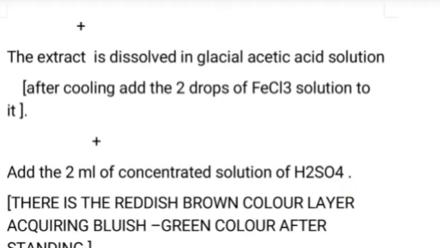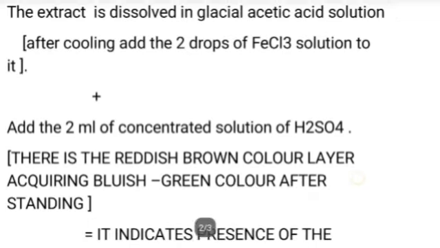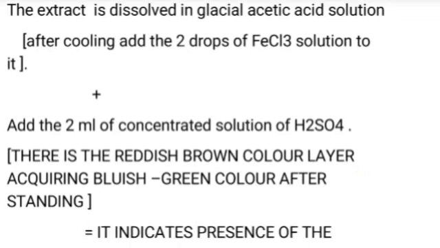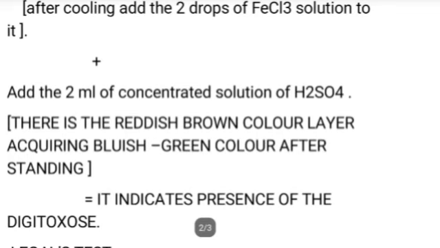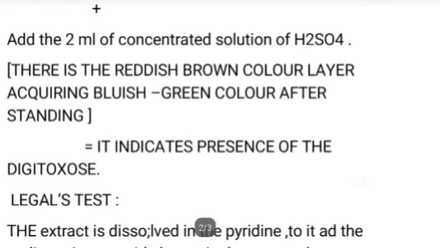Now add the FeCl3 solution to it, and later add this extract to 2 ml of concentrated sulfuric acid. Now a reddish brown layer is acquired, and the upper layer acquires a bluish green color on standing.